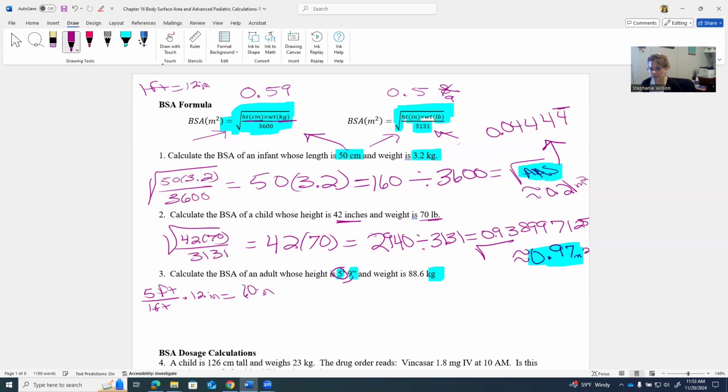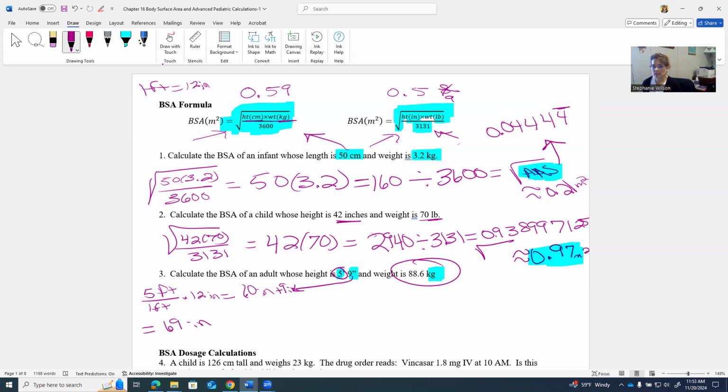And then I'm going to take this 9 inches and add it on. So now I got a total of 69 inches. All right. We need to have this in pounds so we can use the inches with it. But we also need to convert the inches to centimeters in order to be able to use the kilogram formula.